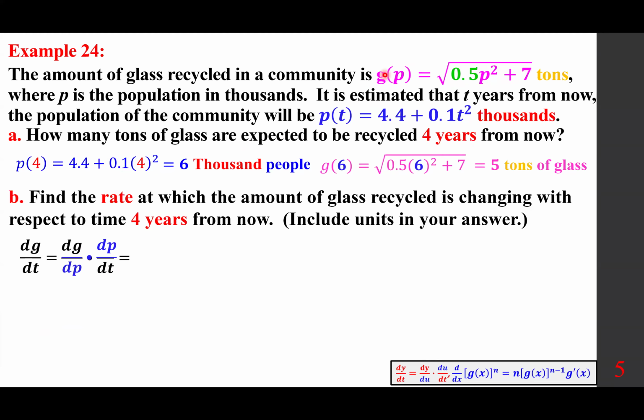So we are going to differentiate this dG/dP. To do so, we're going to raise it to the power of 1/2 to get it ready for the extended power rule. So 0.5 P squared plus 7 to the power of 1/2. To differentiate this, we get 1/2 times 0.5 P squared plus 7 to the power of 1/2 minus 1, which is negative 1/2.